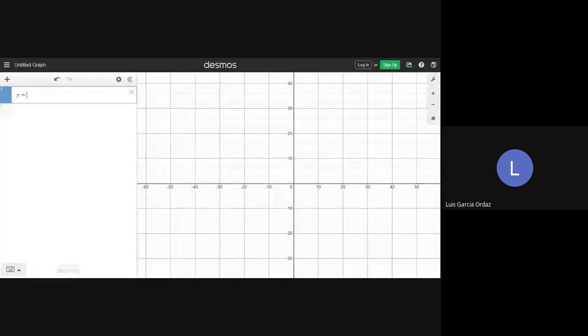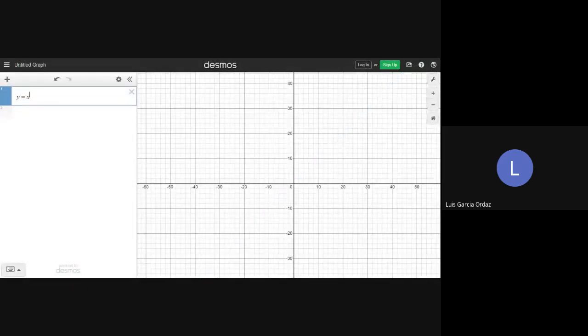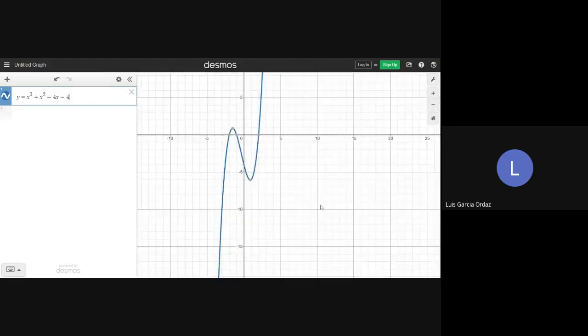So what we have is y is equal to x cubed plus x to the power of 2 minus 4x minus 4. So that is how the graph for group A number 2 would look like. So I'm going to go back to the notebook and I'm going to plot it.